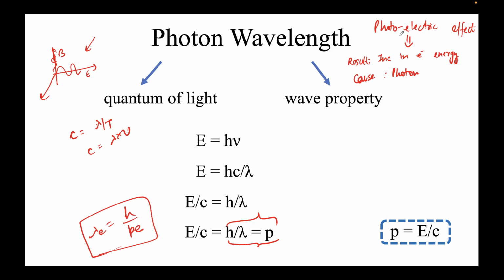Here what we were seeing is that when we hit light on a material, we saw some electrons coming out. Till that point, in the photoelectric effect, we had understood that the photon, which is light, is nothing but a wave, and the electron is a particle. So how are they interacting? They said you can assume light to consist of particles known as photons.